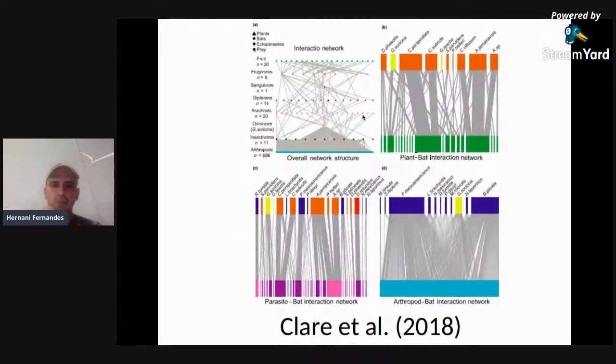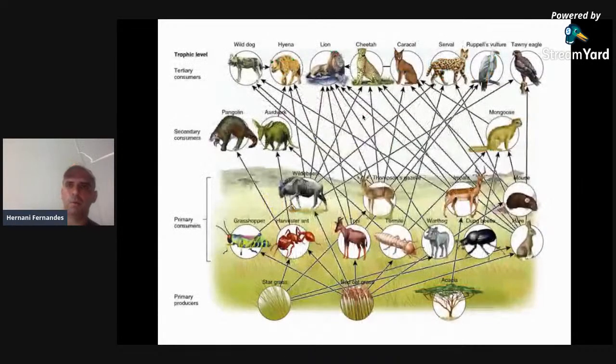In this case, we're able to make big networks of many different groups. You can make a network of pollinators, ectoparasites, prey, and plants, which would be very difficult or even impossible in some cases with traditional methods, and come closer to what we call the true network structure of what's actually happening in the wild.